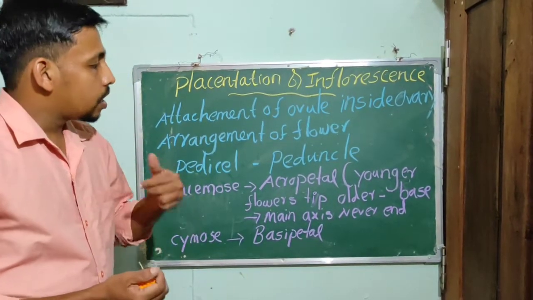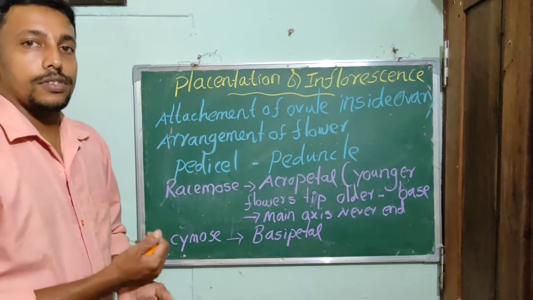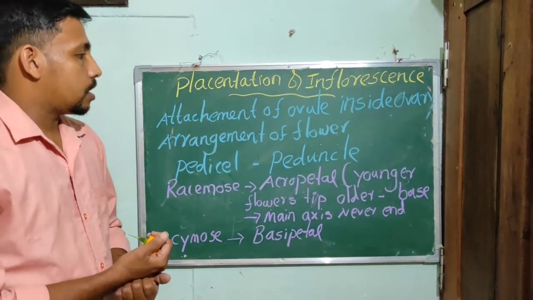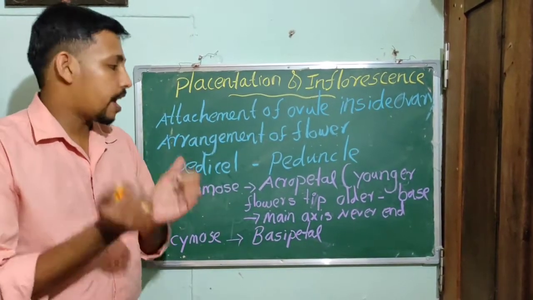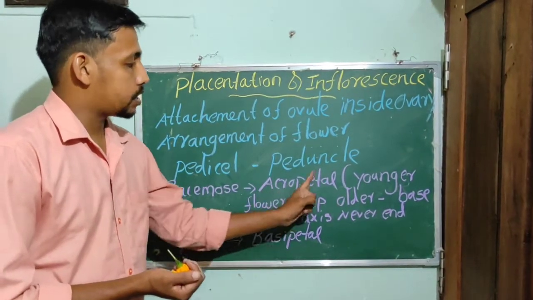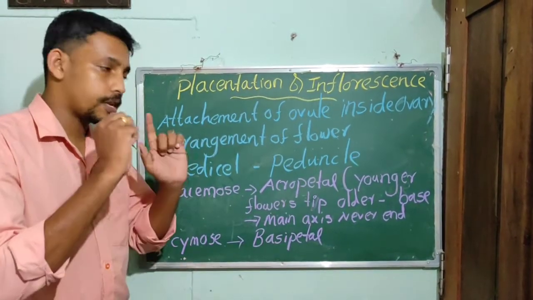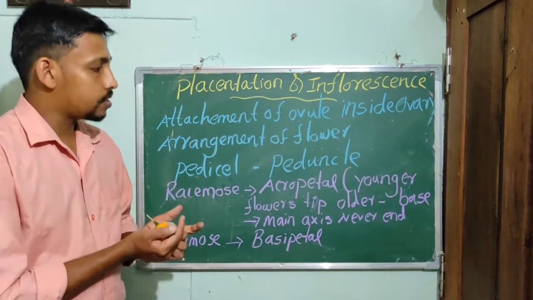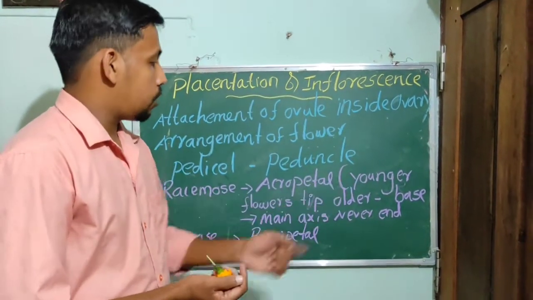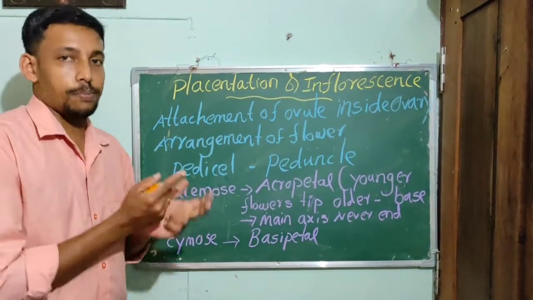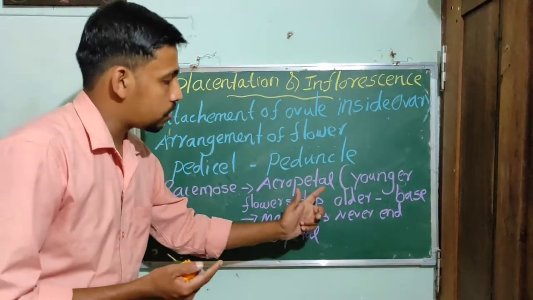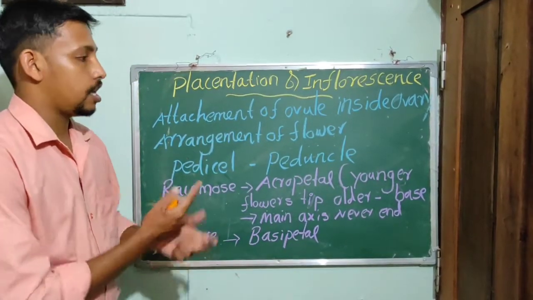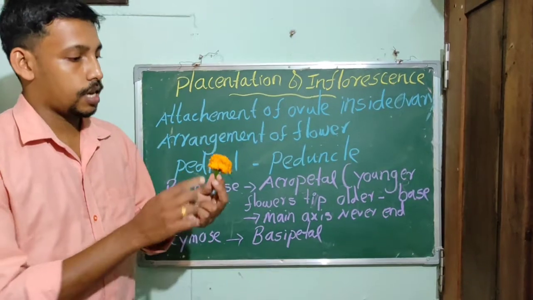And here the flowers are arranged in an order, that manner is known as the acropetal manner. That means that the younger flowers can be seen at the tip and the older flowers can be seen in the base.